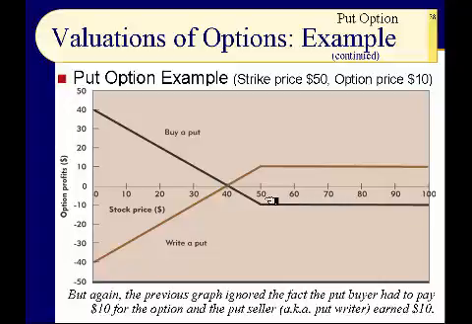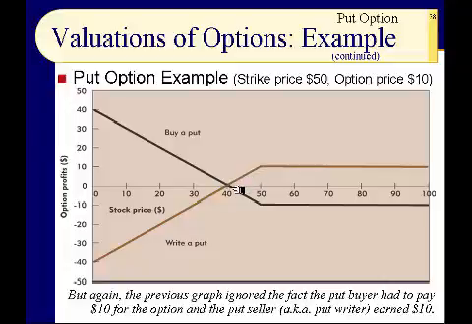As the market price goes below the exercise price, the strike price, then the buyer actually starts to recoup the price that they had to pay, the option premium, and the seller starts having that amount reduced until finally they hit the break-even point.